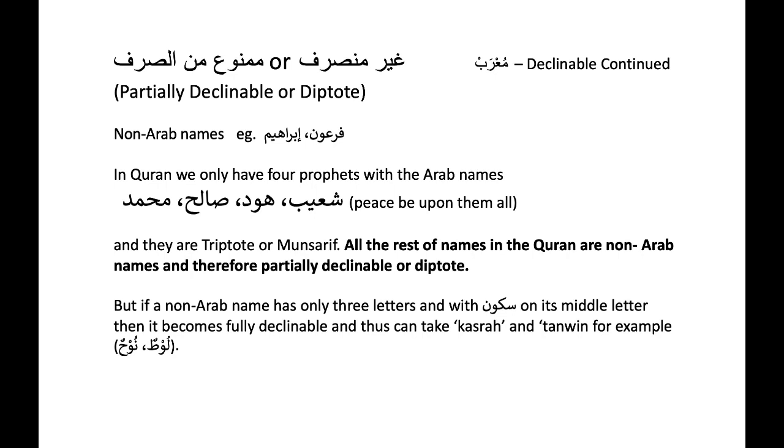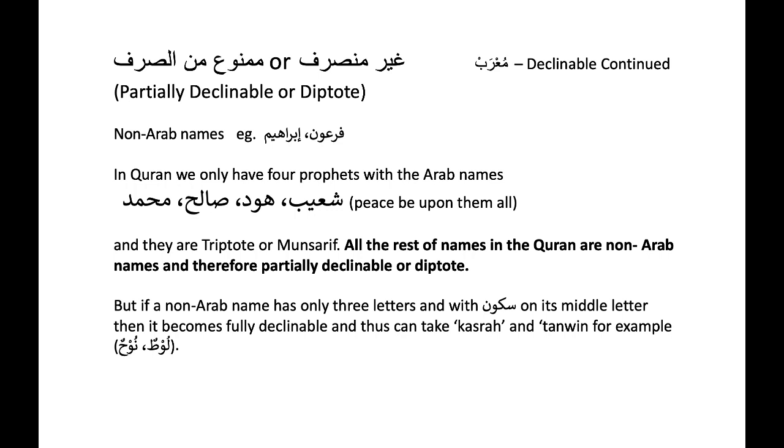In Quran, we only have 4 prophets with Arabic names: Shuaib, Hud, Salih, Muhammad. Peace be upon all of them. They are triptoed or munsarif. All the rest of the names in Quran are non-Arab names and therefore partially declinable or diptoed.